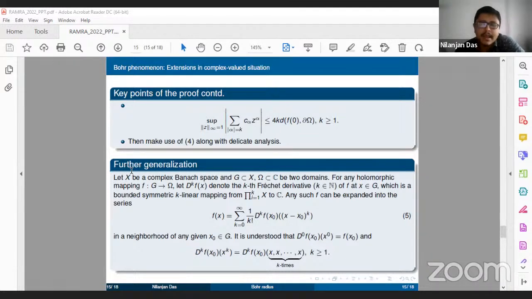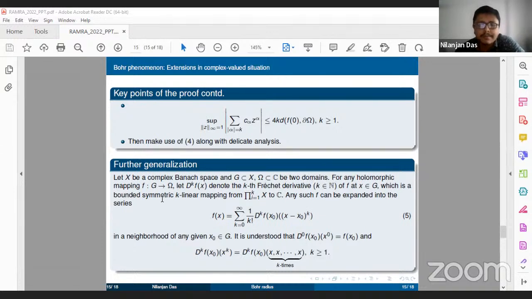And then, as a further generalization, we consider functions that are defined on some domain in a Banach space and take values in the complex plane. So basically, let X be a complex Banach space, and G inside X and Omega inside C are two domains.